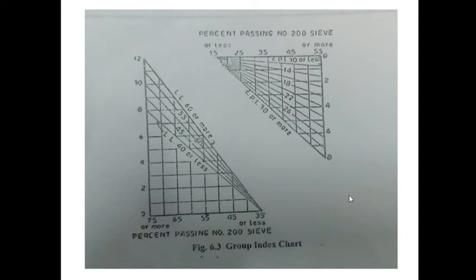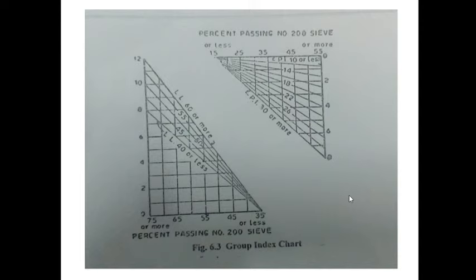The percentage passing the 75 micron, or number 200, sieve in our problem is 50%. So we have to take that 50% in the graph. And the liquid limit in our problem is 40%.